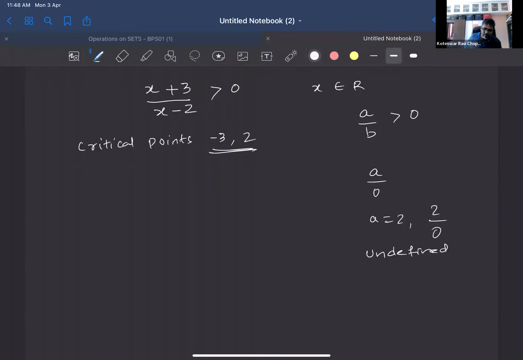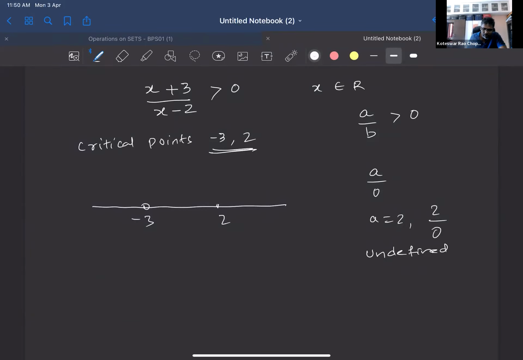So that is why when you take the critical point x minus 2 equal to 0, you cannot take 2. So now you understand that 2 is not really included. You take the number line, you put minus 3 and 2.